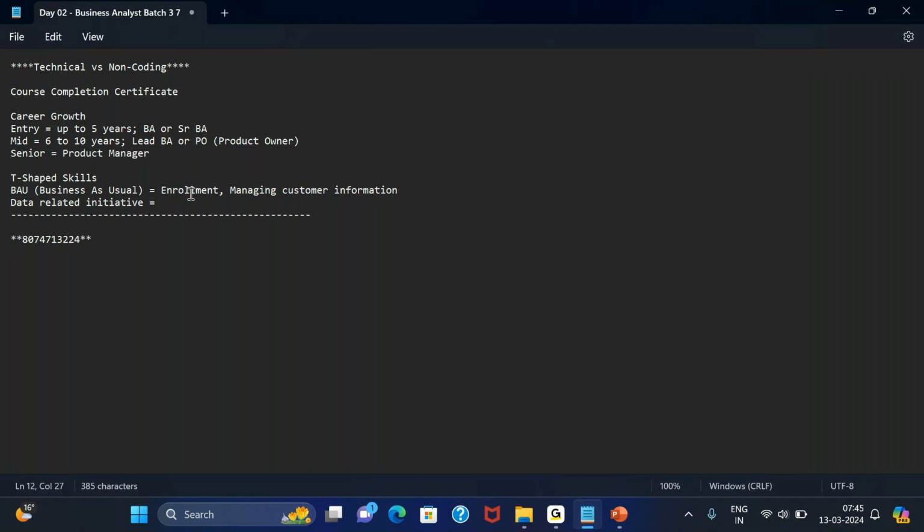The state where I have the lowest number of customers, probably I need to focus more. I need to find or create strategies on how to attract customers in those particular states. The states where I already have the highest number of customers, probably I don't have to be personally involved in those cases.